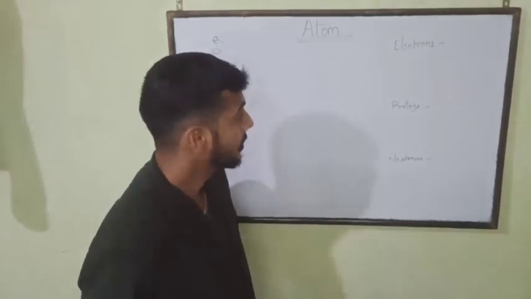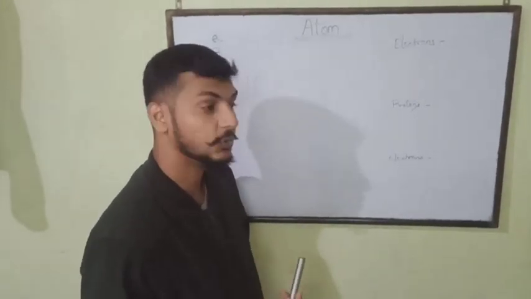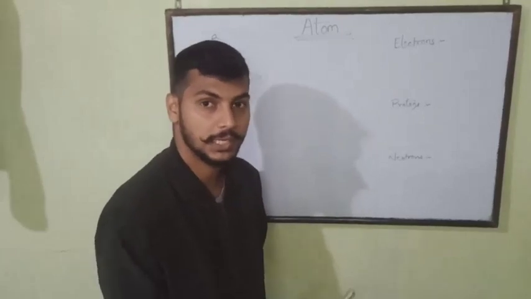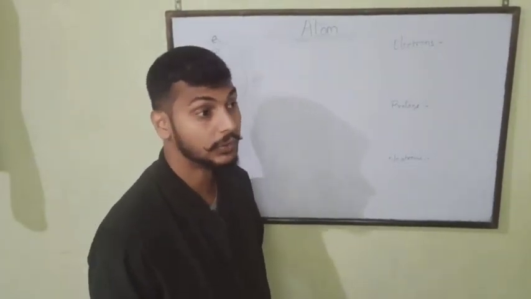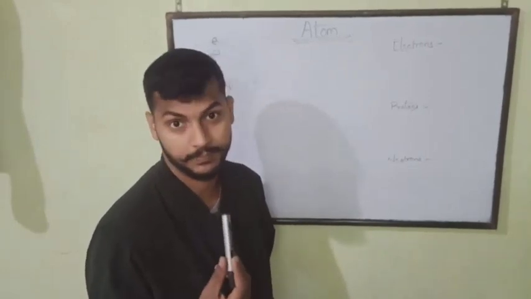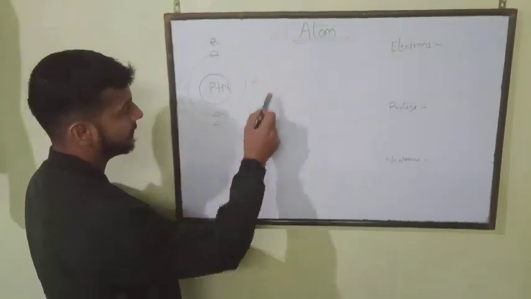So now we have to discuss electrons, protons and neutrons. As we know, these are the basic and structural elements. Let's see how they are arranged in an atom. Suppose that it is an atom.